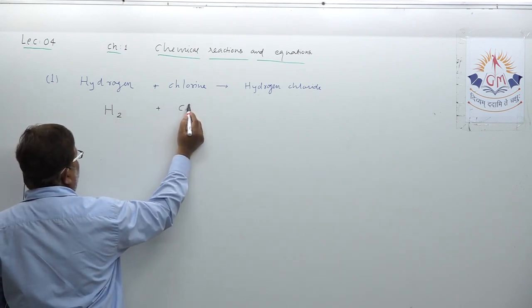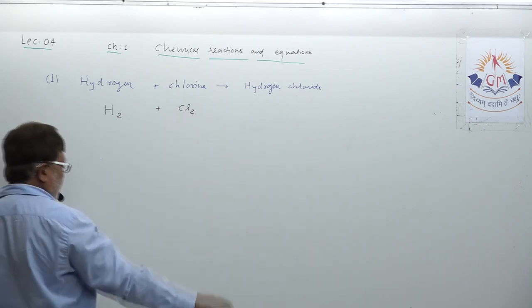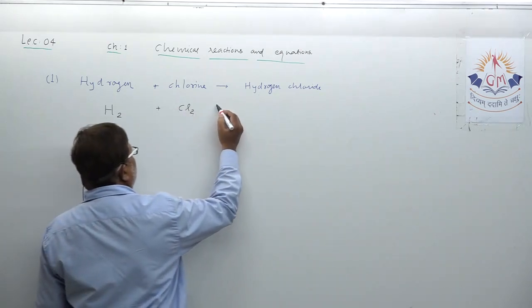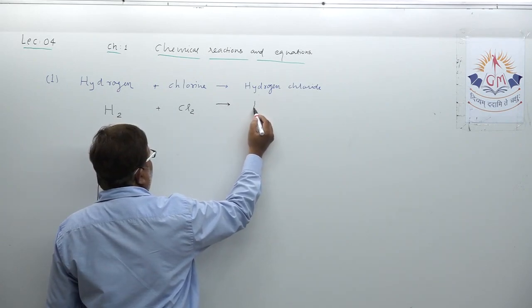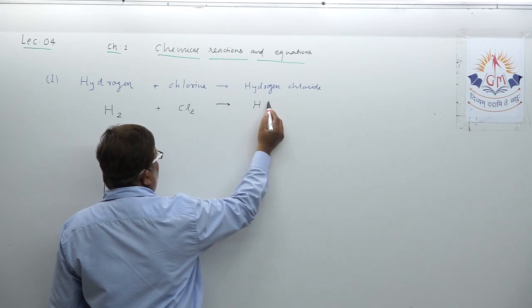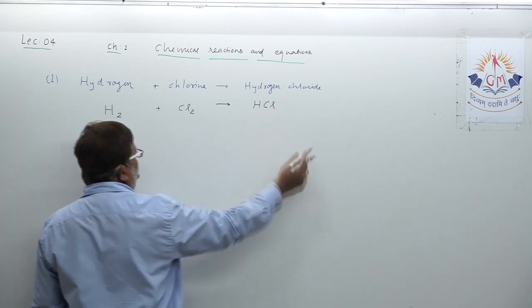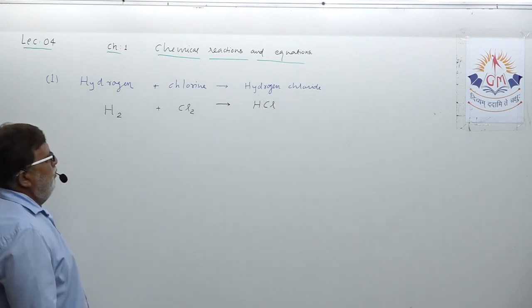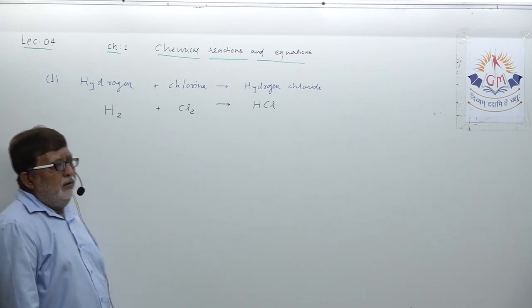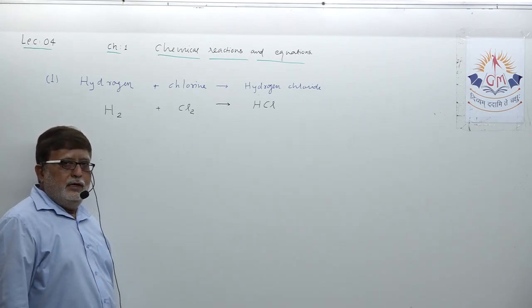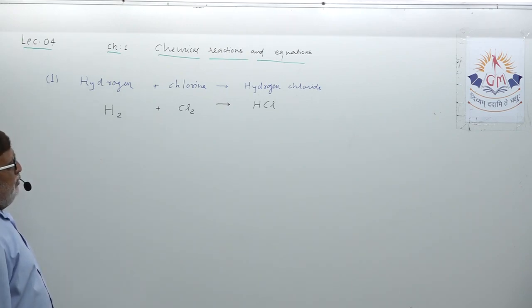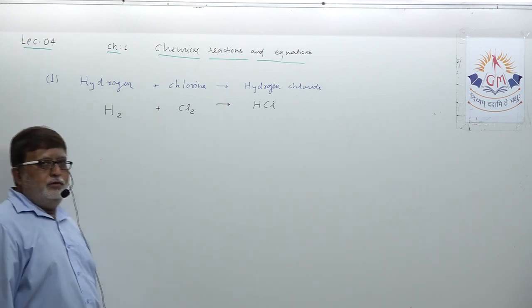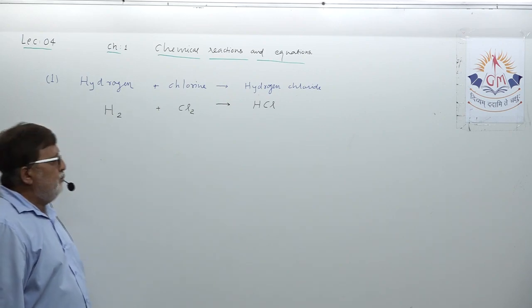Chlorine is diatomic in nature, I have to write Cl2. The formula of hydrogen chloride, sometimes we also call it hydrochloric acid, is HCl. Understand? So the word equation I have already converted into a skeletal chemical equation which needs to be balanced now.